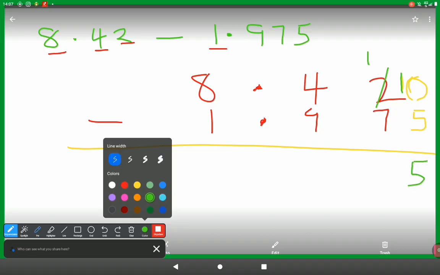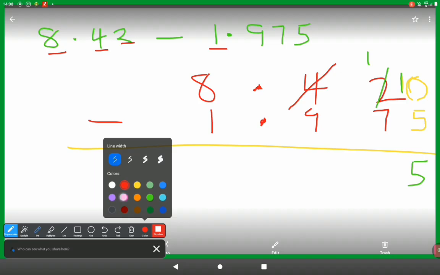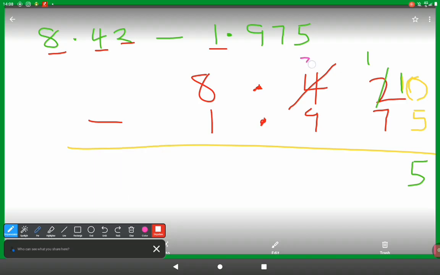Okay, this time I cannot do 1 take away 7. So I have to take away 1 from the 4. If I take 1 from the 4, it turns to 3. And this one turns to 11. So 11 take away 7 will give you 4.